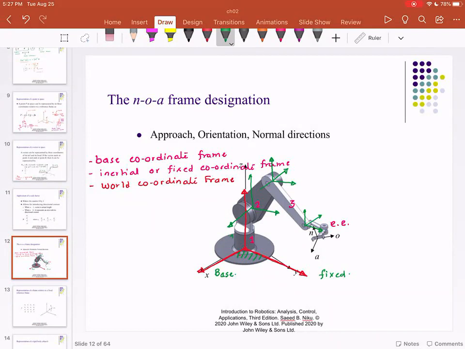We can use different types of kinematic variables. We can use homogeneous transformations, unit vectors, axis angle, or screw theory. But at the end of the day, what we want to find out, from the kinematics point of view, is the position of all the points in this robot with respect to the base frame.